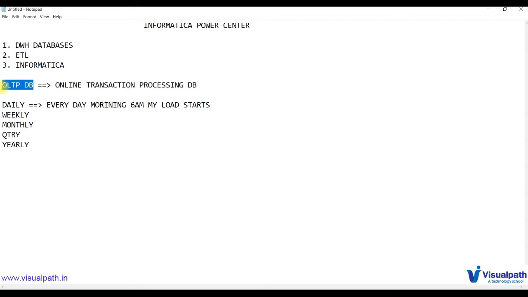Once I do that, the OLTP database will not have any data. So it's like a truncate and reload. I take all the data from my OLTP database and push it somewhere else, and then automatically I have fresh data again in my OLTP database.